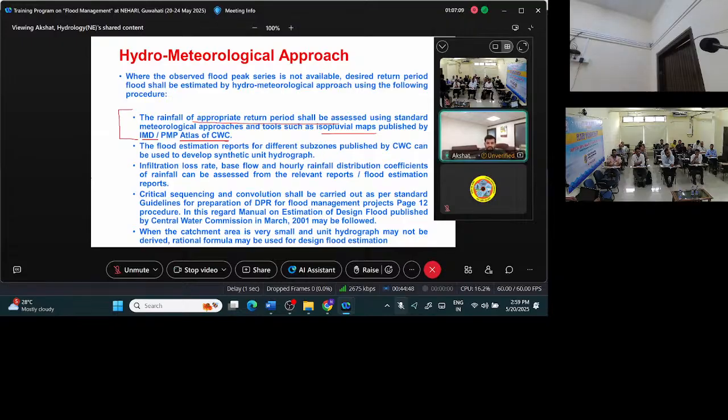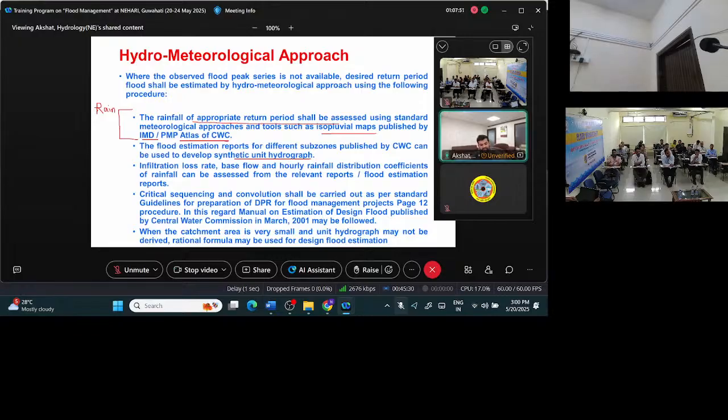The flood estimation reports for different subzones are published by CWC, and they can be used to develop the synthetic unit hydrograph. When we have rainfall, we need to find some rainfall runoff relation because we require runoff. So we'll get rainfall from the PMP atlas of CWC. Now we need a rainfall runoff relation, and to find it, we need some kind of unit hydrograph. The unit hydrograph will tell you what 1 centimeter of rainfall over 1 hour gives as runoff.